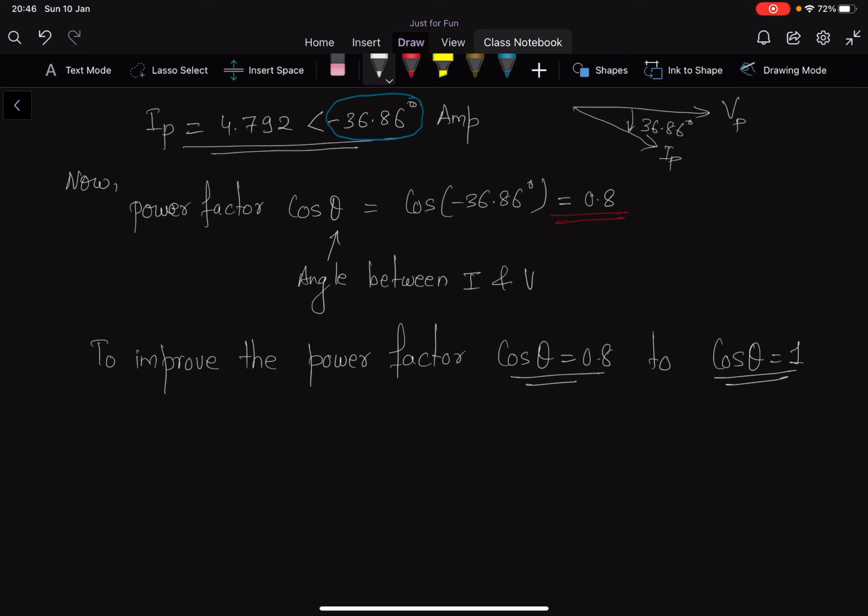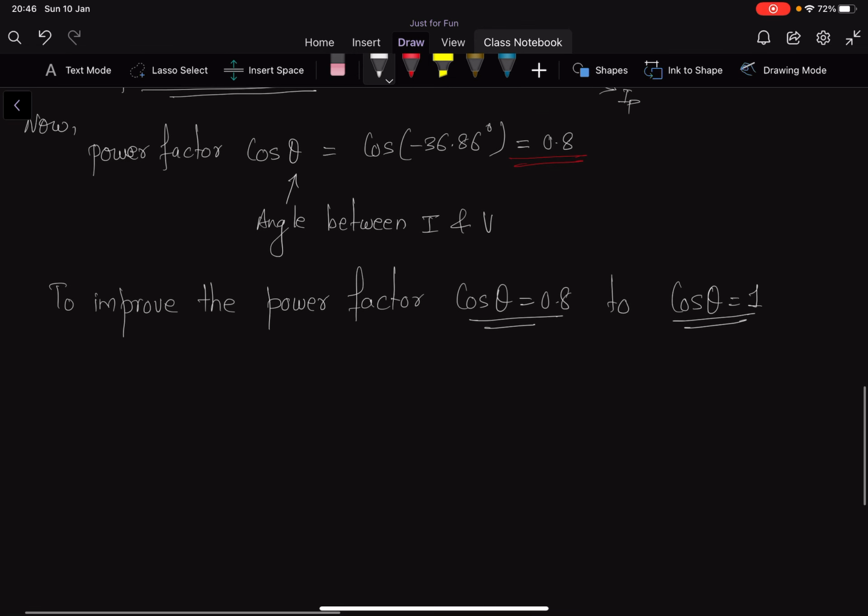So what's the angle we are focusing on here? The angle we are focusing on is going to be cos inverse of 1, which is theta equals 0 degrees. So we want to make the angle 0 degrees. You can also highlight that.